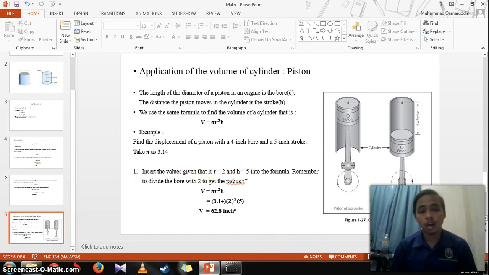As I said, to get the value of r, we must divide the diameter, or in this type of question, the bore, by 2. So we get r equals 2. The formula V equals pi r square H equals 3.14 times 2 square times 5, and we will get the answer 62 inch cube.